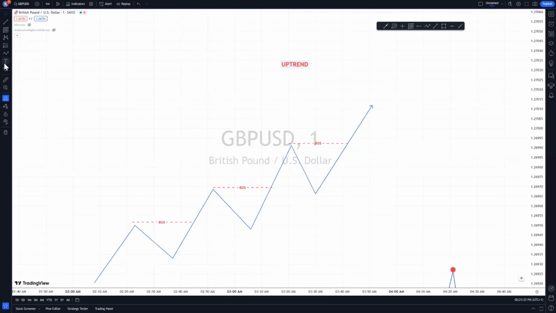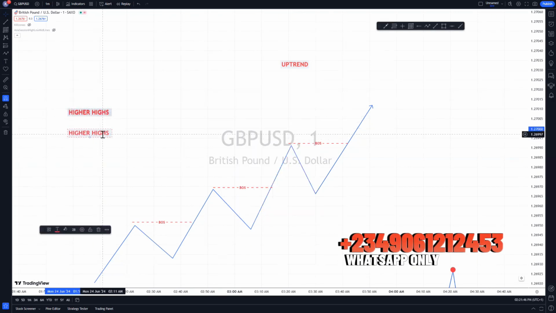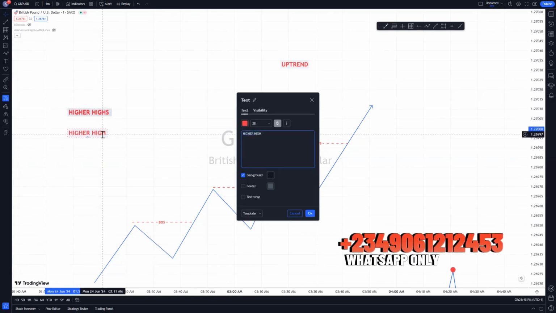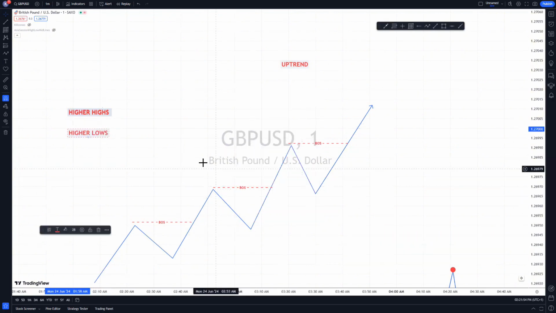An uptrend is made up of higher highs, and it's also made up of higher lows. So an uptrend is made up of higher highs and higher lows.